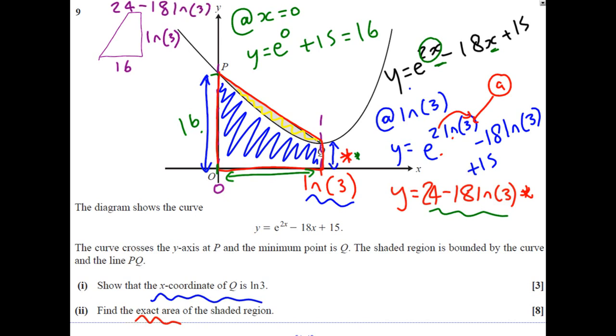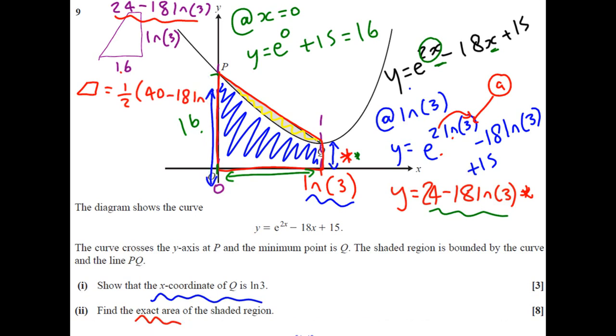Okay, so the area, and you can do your examiner a little diagram, equals 16 plus this one, times a half, times ln 3. So it's going to be 40 minus 18 ln 3.